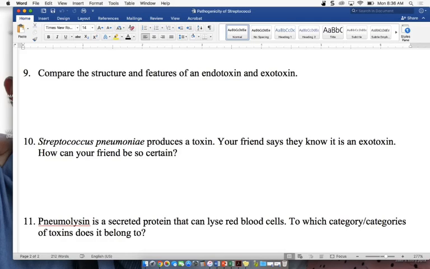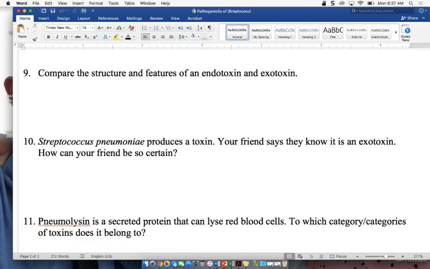So exotoxins take a lot less to trigger an immune response. When I say this, I suppose I need to clarify that exotoxins trigger a very strong immune response, in that it takes very little for T cells and B cells, et cetera, to be activated in response to it. Where I may have been misleading in the mini lecture, for those of you that listened to it, is that I said the endotoxins do trigger a strong immune response.